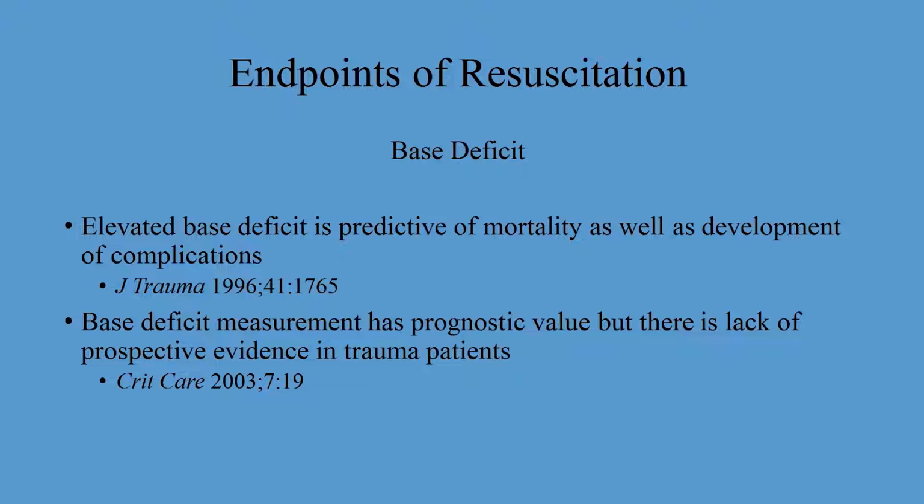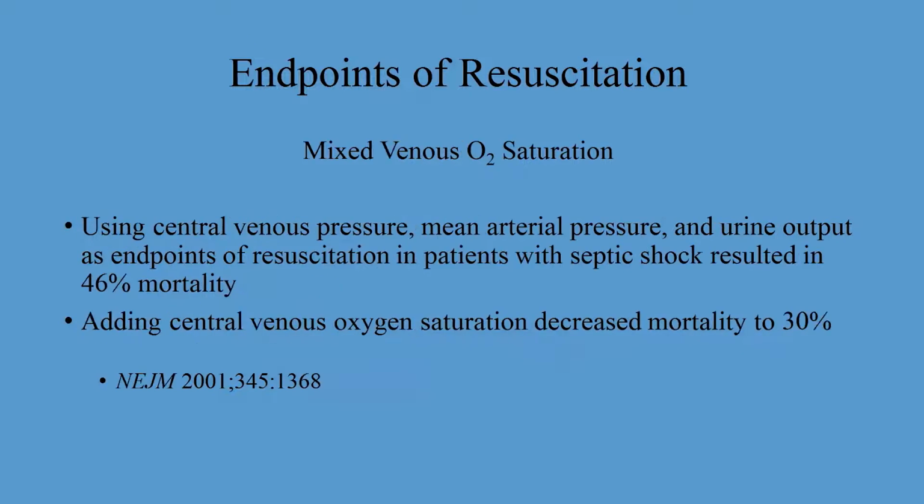Base deficit was also used a lot, and there was a lot of back and forth in the trauma literature for many years over which was better, lactate or base deficit. But both of them have a fair amount of data showing their utility as a prognostic indicator in assessing the adequacy of resuscitation.